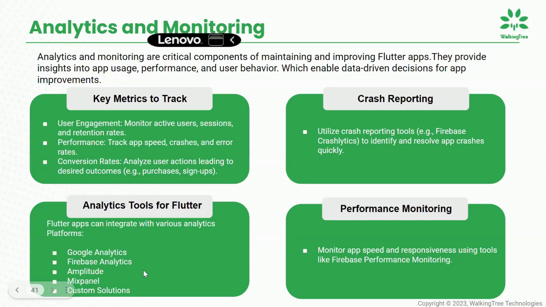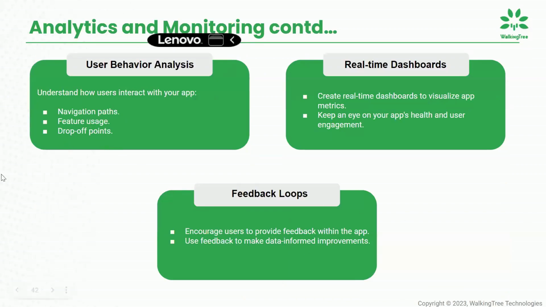And on top of this data, what do we do with it? Moving on to the next slide. We used these tools and collected the data. Now we need to analyze the user behavior from this collected data, like build the navigation paths: how the user is navigating, what the most used features are, and what the major drop-off points are. For example, if you have 10 screens, maybe the suggestion screen, or suggested medicine screen, is the drop-off point.